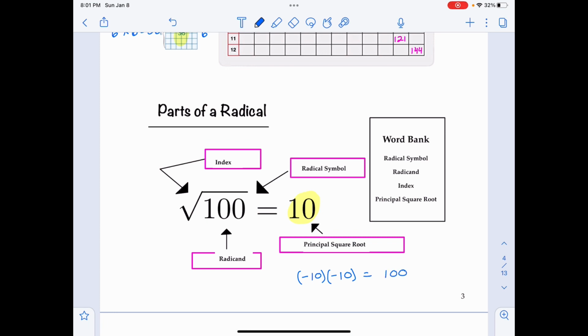So when we're asked to find a square root, it's important to know: are we looking for all the roots, the negative and the positive? But most of the time, we're just concerned about the principal square root of a number, particularly with Pythagorean theorem, which is coming up. We're only concerned about the positive square root.